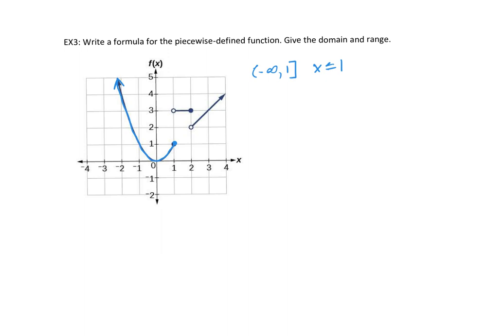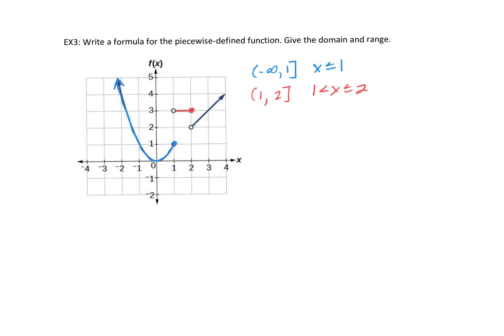And now this horizontal piece goes from x equals 1 to x equal to 2. It's an open circle. So it's going to be parenthesis 1 to 2 with a bracket. It includes 2. That would correspond to the inequality 1 less than x less than or equal to 2.